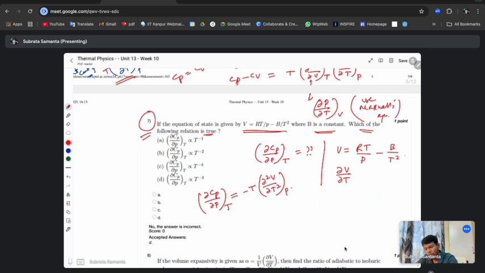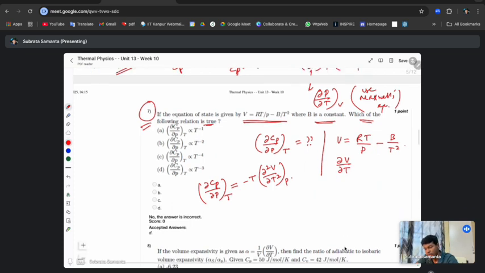So for V given, taking one derivative, this is R over P plus 2B over T cubed, and take one more derivative, ∂²V/∂T², for the pressure constant.